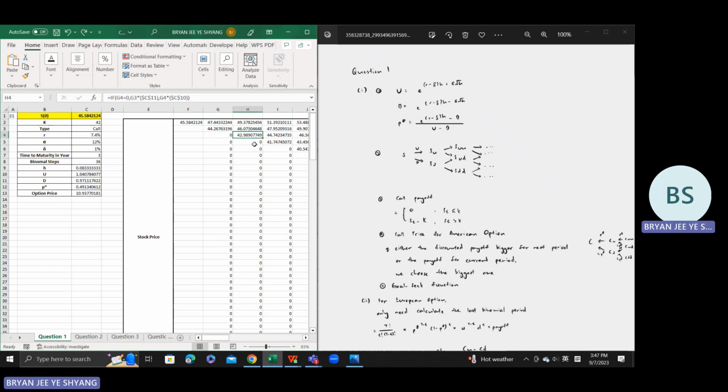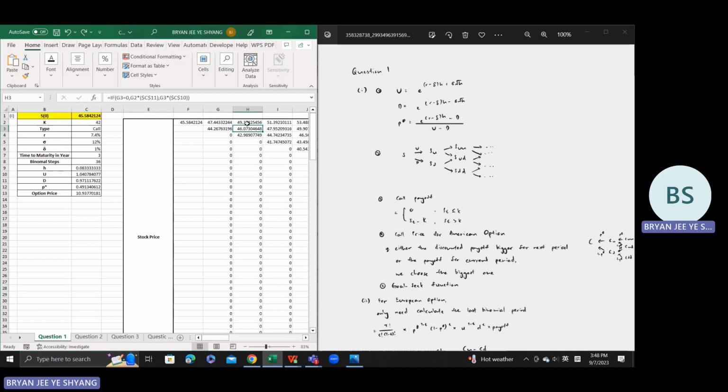If G4 is equal to 0, we are using G3 times D. If this is equal to 0, using this times D. If not, using G4 times C10. G4 times D, and C10 is for here.